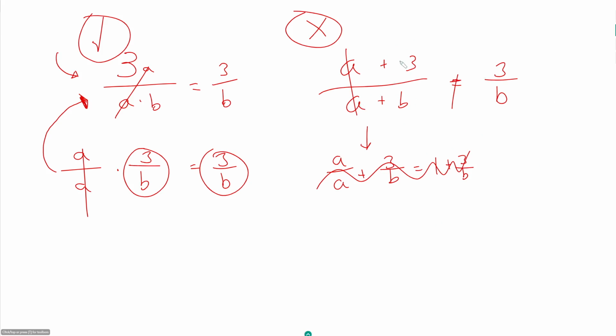And so because we are adding in our top and our bottom here, all you can really do is you can say when we are adding fractions, we need to get a common denominator. Therefore, a plus 3 over a plus b should be equal to a over a plus b plus 3 over a plus b.